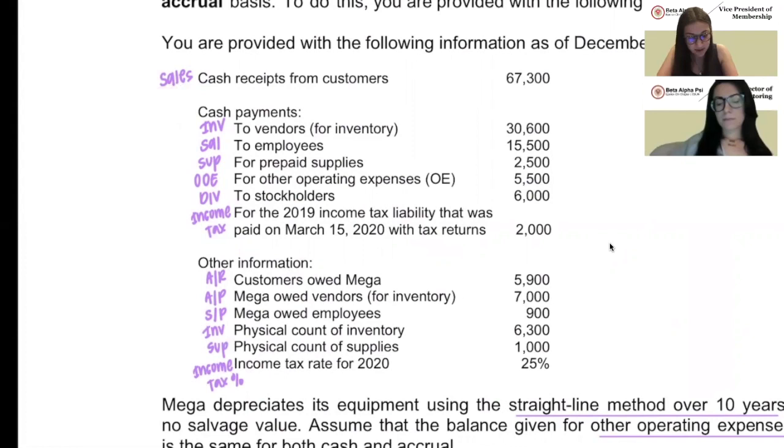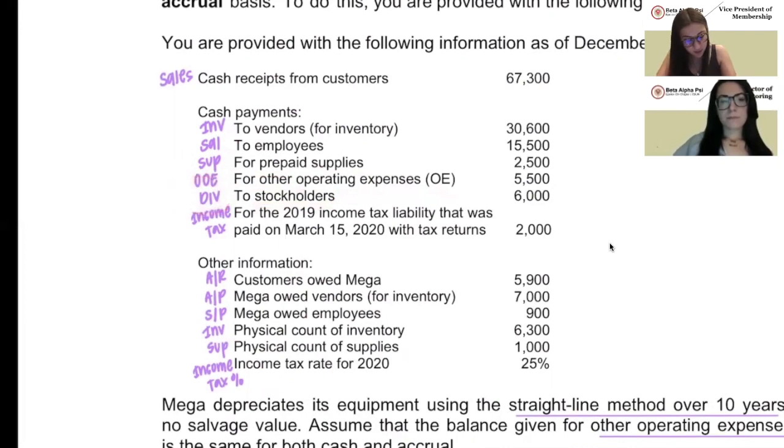Cash payments to vendors for inventory has to do with our inventory. Cash payments to employees has to do with our salaries expense. Cash payments for prepaid supplies has to do with our supplies expense. Other operating expenses just go into other operating expenses. Cash payments to stockholders has to do with our dividends.